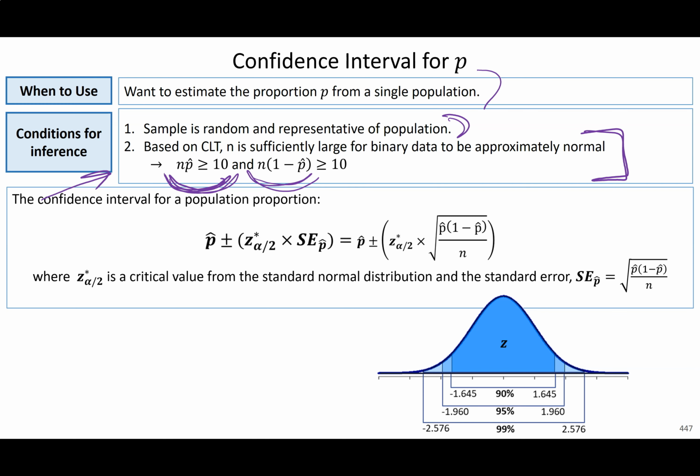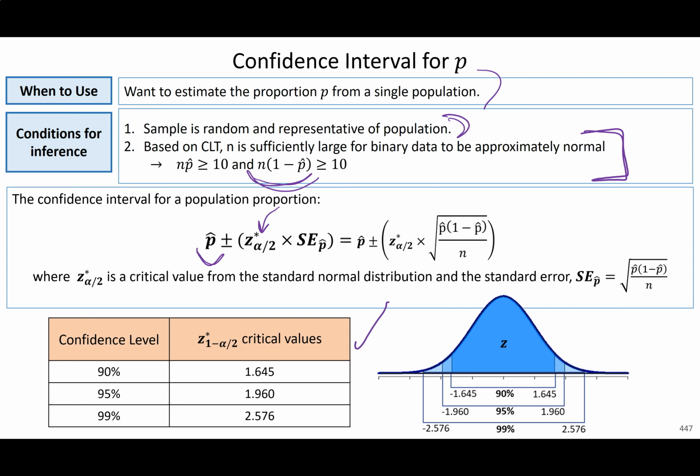So from there, if you want to calculate your confidence interval, your point estimate is going to be P hat from your sample. Since we are using Z procedures, we get to use Z star again, which means we get to use these values. So that should be a little bit familiar. Times, and then our standard error here is going to be the square root of P hat times 1 minus P hat over n.